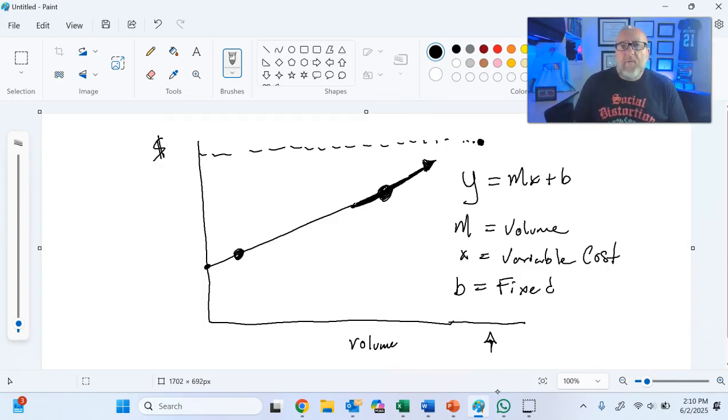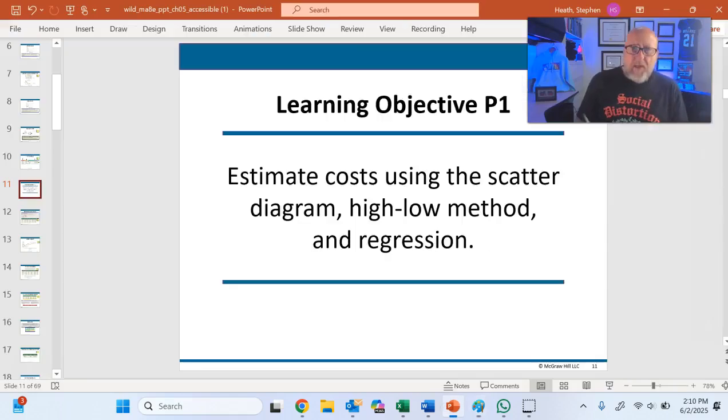So what we're going to try to figure out is, if I know my costs for a particular year, and I know that the equation for a straight line is y equals mx plus b, how can I use all of this information to estimate what my costs are going to be? That's what we're trying to get at in these slides.